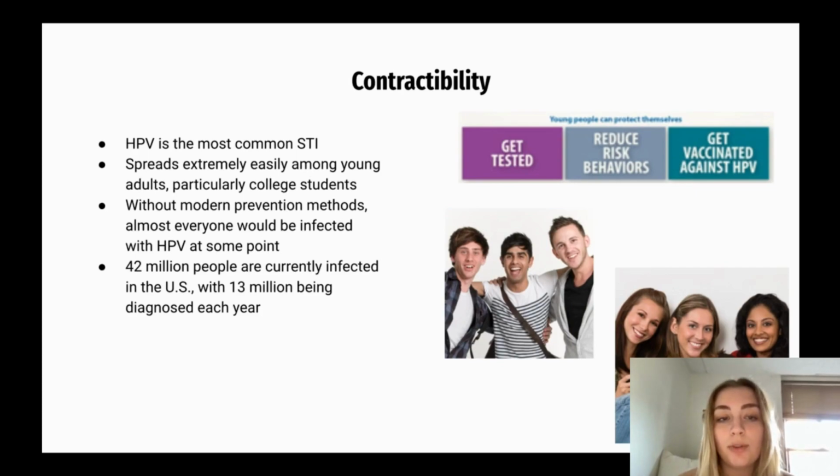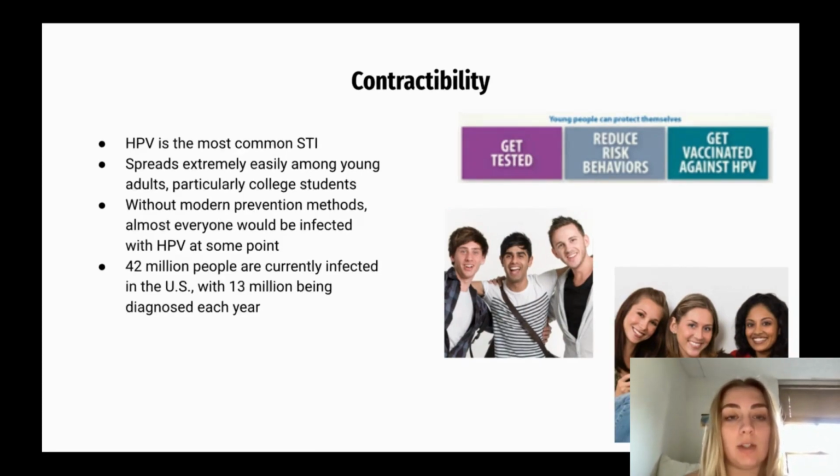Almost everybody would be infected with HPV at some point without vaccination prevention methods. And then for some numbers, 42 million people are currently infected in the US today, and 13 million people are being diagnosed each year.